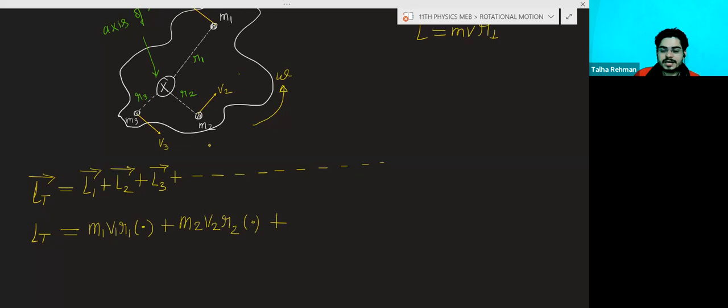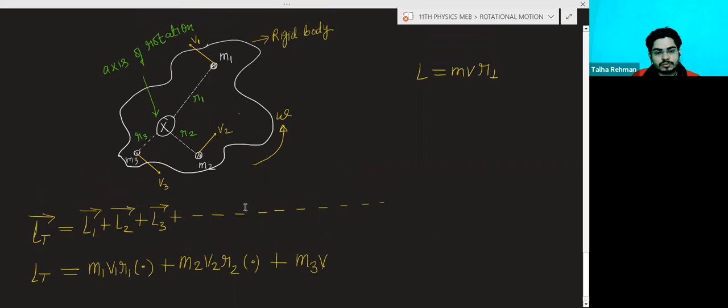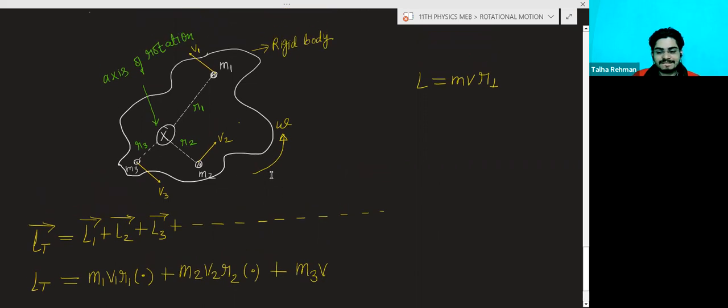Plus similarly m3. Yes, it's not clockwise, it's anti-clockwise, you can see here.